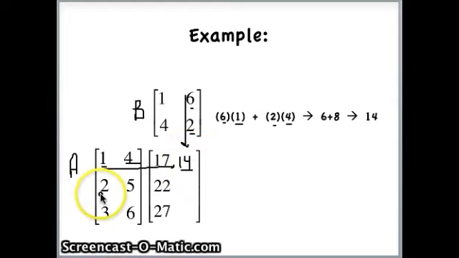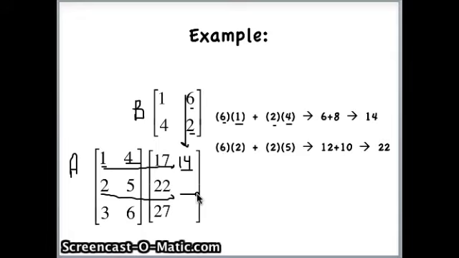This column also intersects the second row to form this entry. Here's the solution for this entry. Make sure you can follow along and see where we got these numbers. So we have 22. I'm going to let you try to do the last one by yourself.